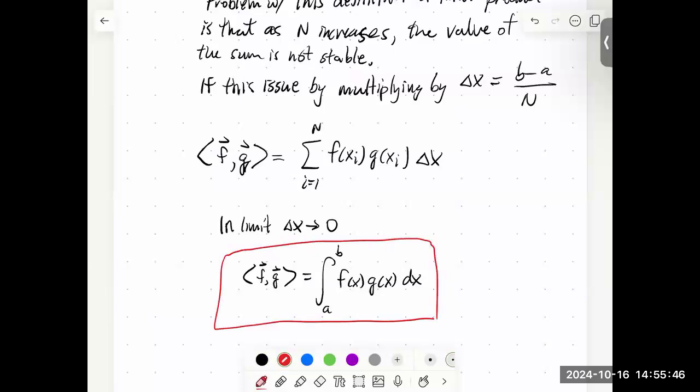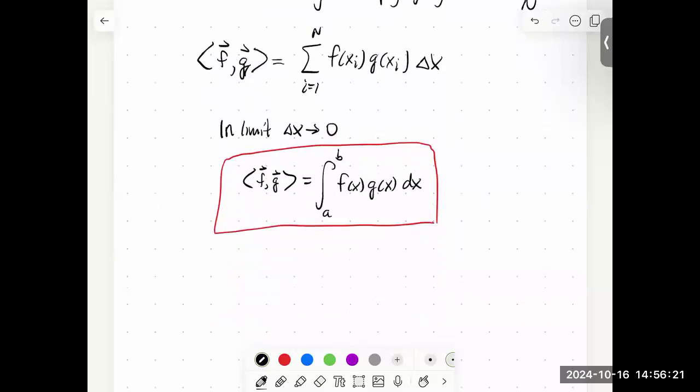Now, because we've built this up starting from an idea of dot products, we should interpret the result of this calculation as being similar to the results for dot products. For dot products, if two vectors are pretty closely aligned, we get a large result. If they are perpendicular, we get 0. So what this inner product evaluates is how aligned or how similar the functions f and g are. If they're very similar, we should get a large answer. If they're very different, we should get 0.